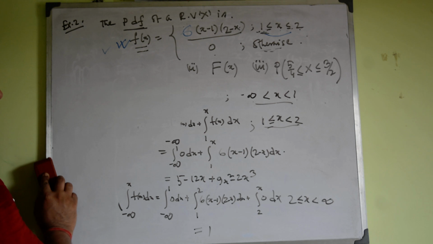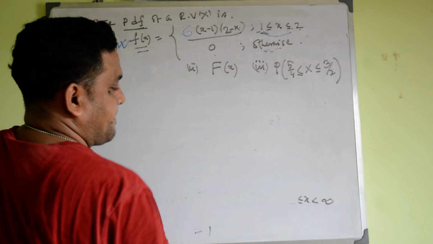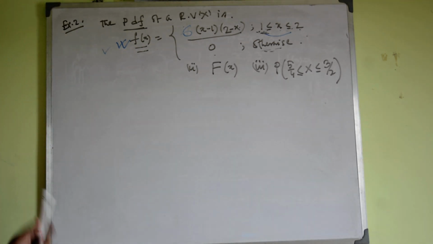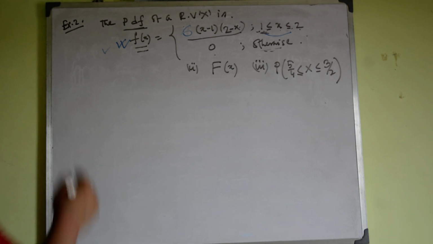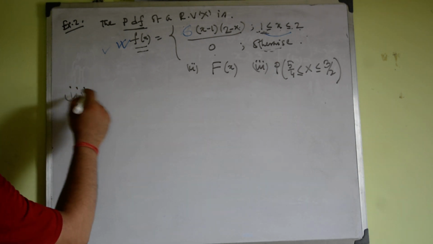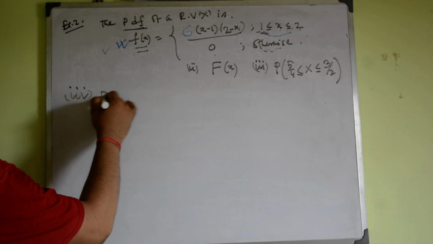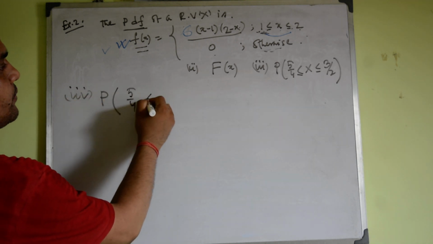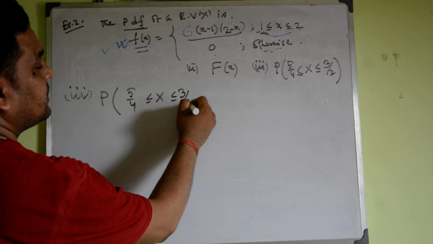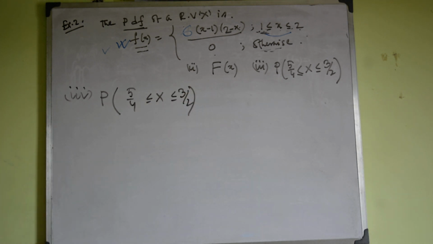Okay, the next question is number 3. Find P(5/4 < x ≤ 3/2). How to do this?